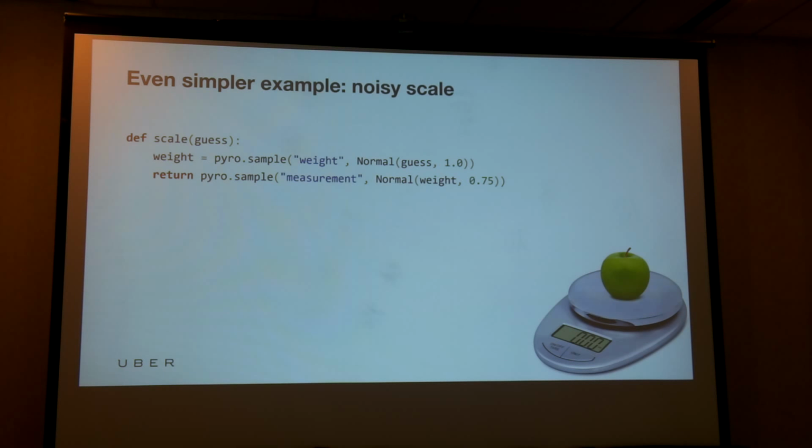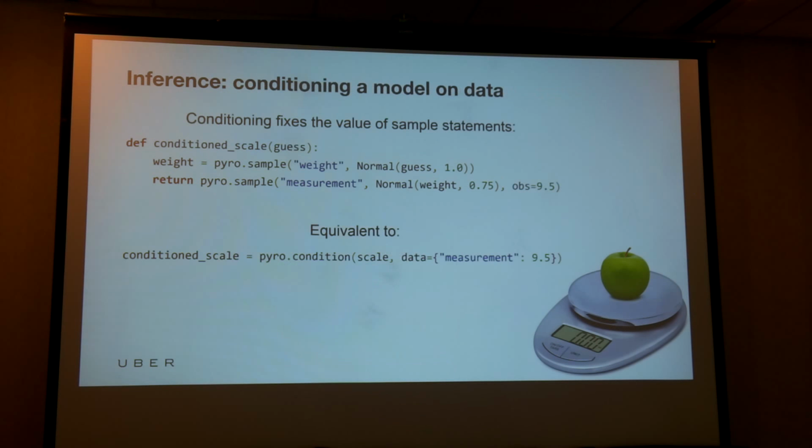Can you condition on functions of the sample or just the named variable? The question was, can you condition on functions of the variable or just the named variable itself? You can always add a new random variable into your model and then condition on the value of that, and that would be equivalent.